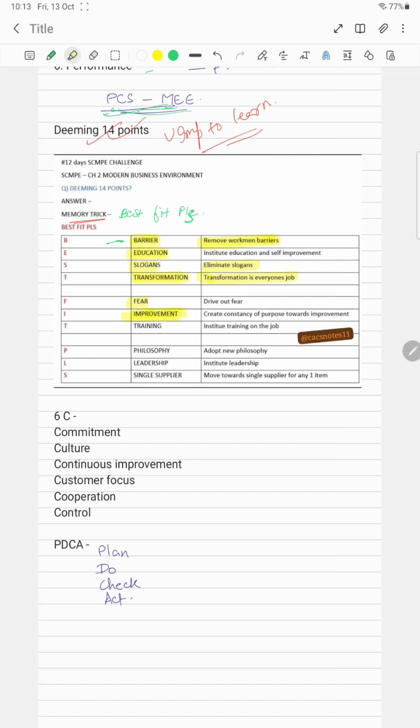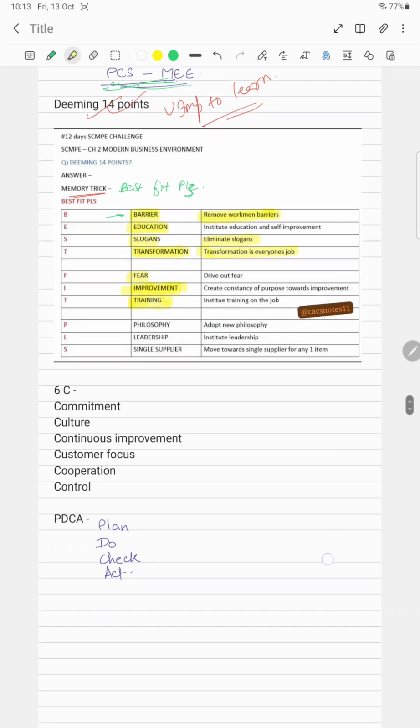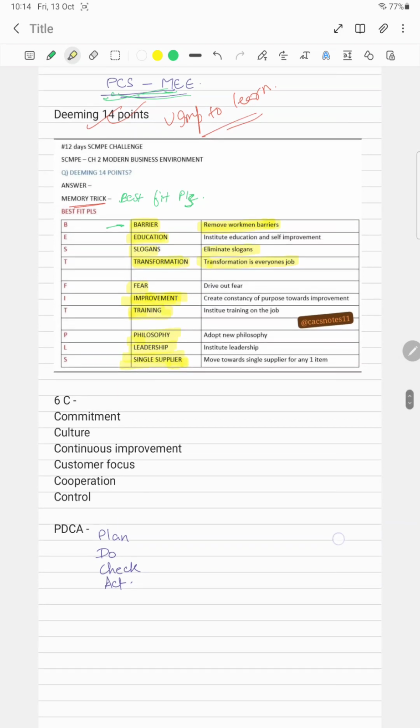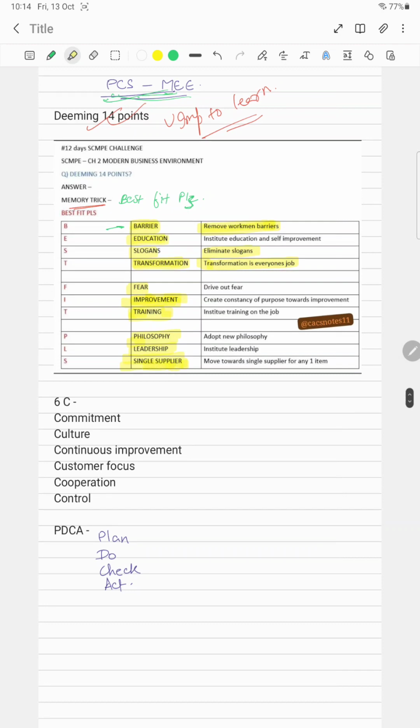There should be continuous improvement. Training, we have to provide proper training on the job. Philosophy, we have to adopt the new philosophy. Leadership is very, very important, and we have to move towards a single supplier for one item so that we can rely on him, and we can also ask for bulk discount. So we have to move towards single supply.